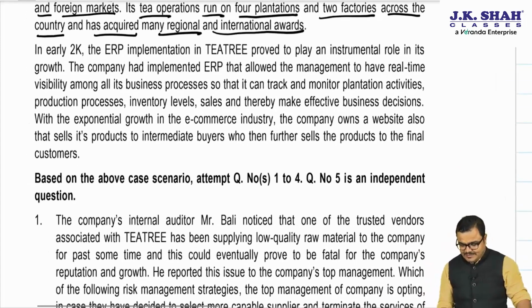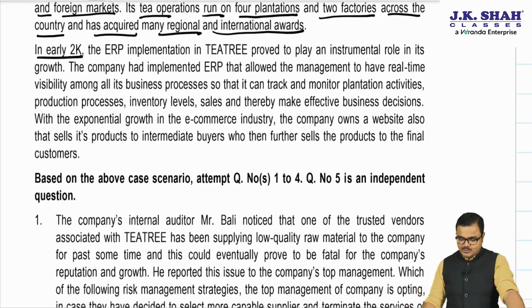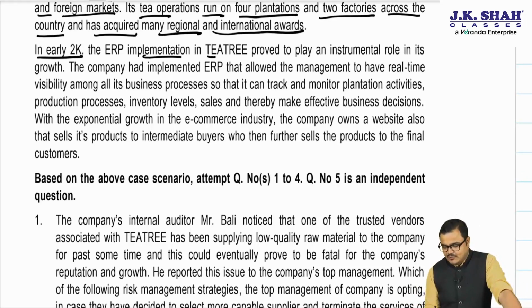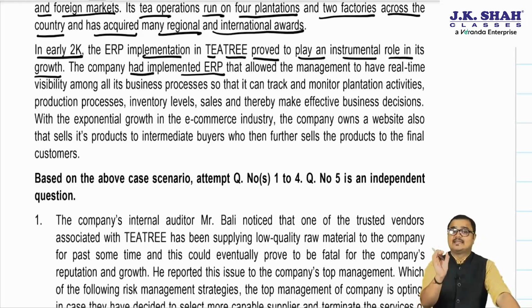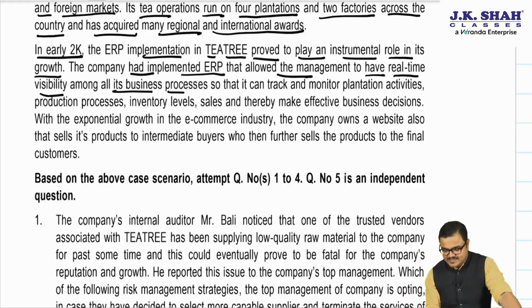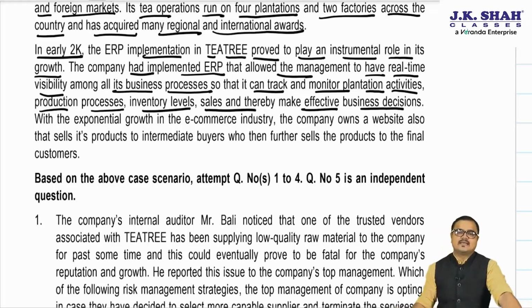In early 2K, that is in the early 2000s, the ERP implementation of Tea Tree proved to play an instrumental role in its growth. The company had implemented ERP. Now you have to be very clear that they are going to ask you a question from chapter number 2, as it discusses ERP. That allows the management to have real-time visibility amongst all business processes so that it can track and monitor plantation activities, production processes, inventory level, sales and thereby make effective business decisions.